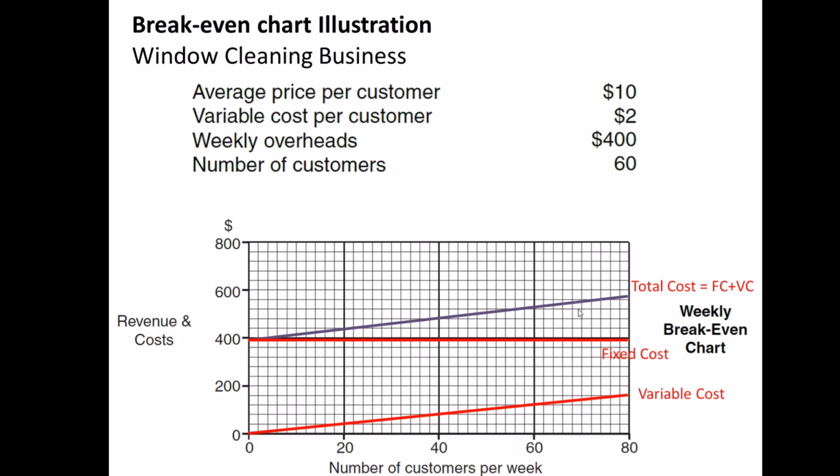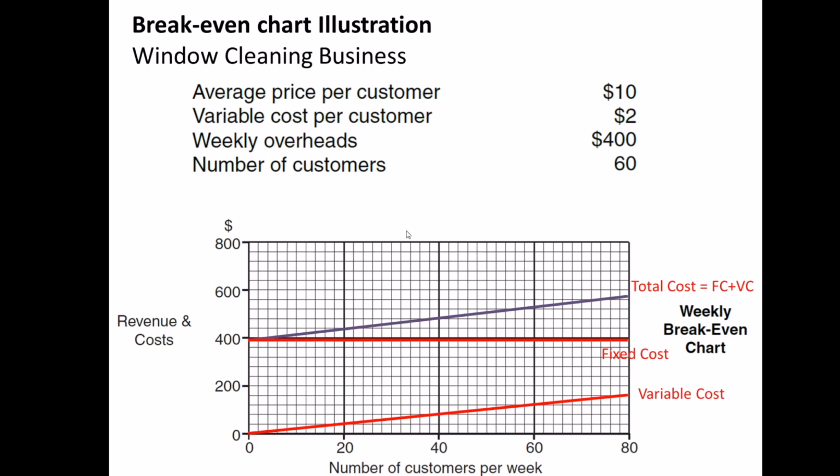But in the question, usually they will only ask you for the break-even point. So basically, you do need to draw the variable cost and the fixed cost, and after that you are able to find the total cost. And now you have to find the total revenue.